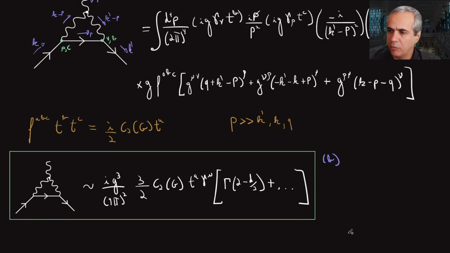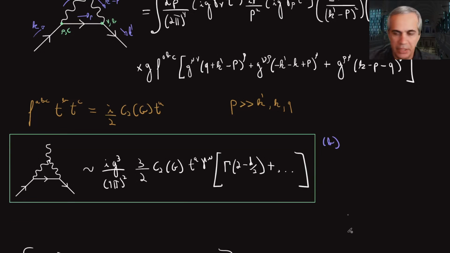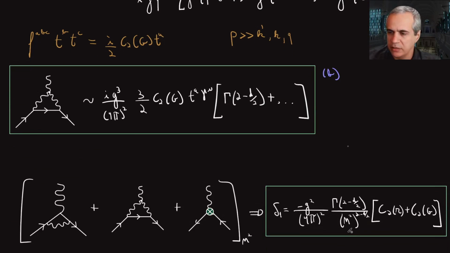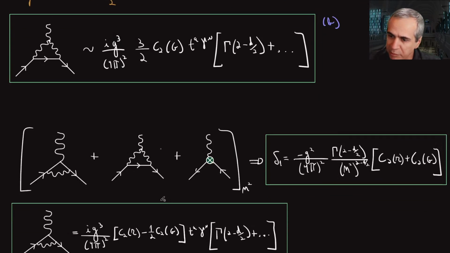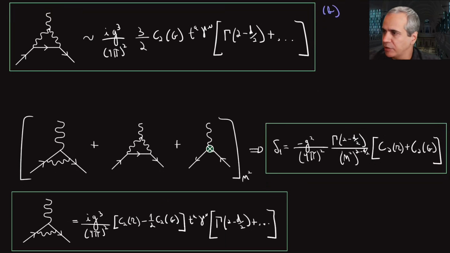Now we can combine diagrams A and B to get the delta 1 counter term. So just so we can remember, I repeated diagram A down here. We need these two to have their divergent parts cancelled by the counter term at some scale. You can see they are very similar.